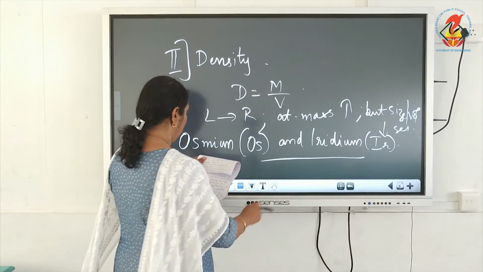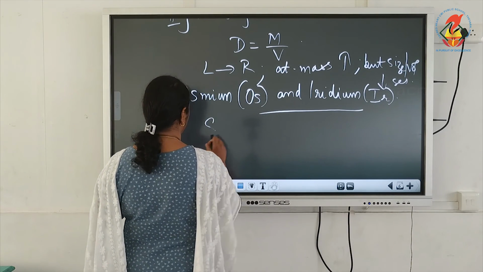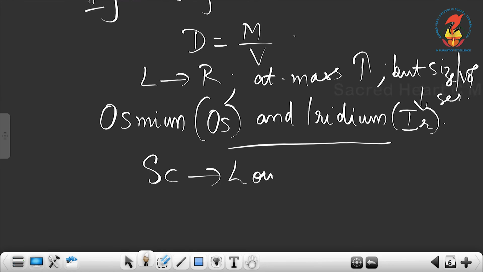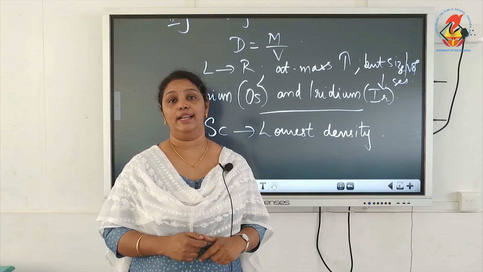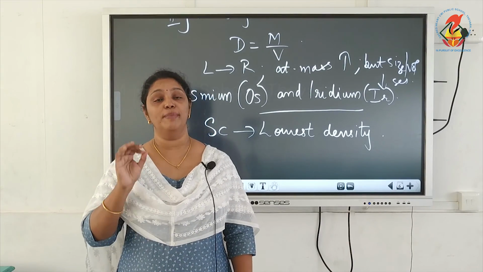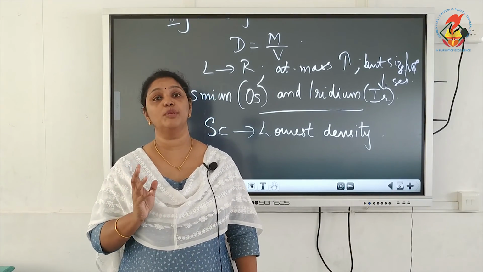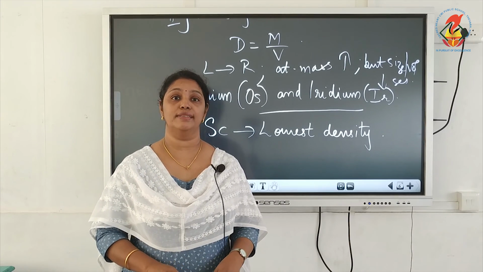Now, the lowest density element in the periodic table is scandium. Scandium has the lowest density in the transition series. So, this is about density of transition elements. So, we completed two properties, that is variation of melting point and boiling point, and the second property, that is variation of density of transition elements. Thank you.